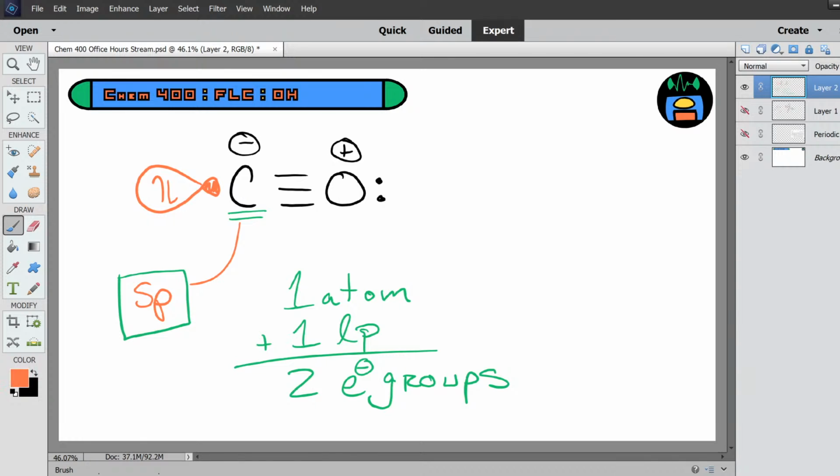And when you have 2 electron groups, that means that you need 2 orbitals to hybridize in order to make that structure. So 2 electron groups always equals sp hybridization. So you have to use one s and one p in your hybridization scheme.